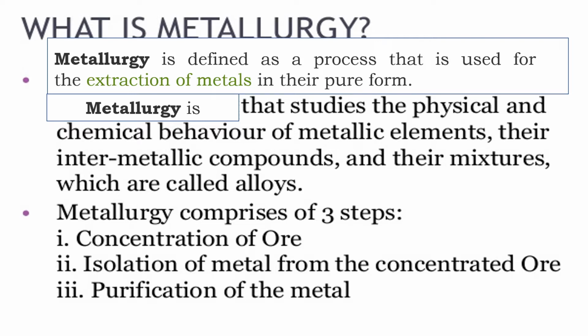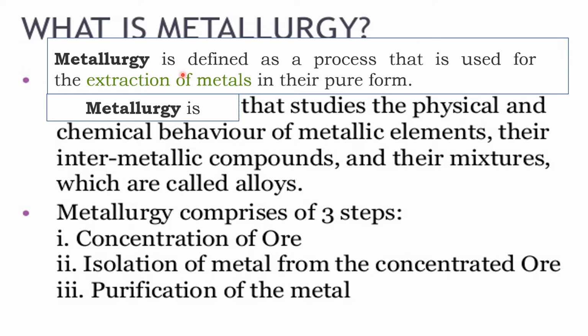So, we have to define what is metallurgy. It is defined as the process used to extract metals in the pure form from its ore, O-R-E, ore. So, metals are in a combined form, and by various processes we extract them to pure form.